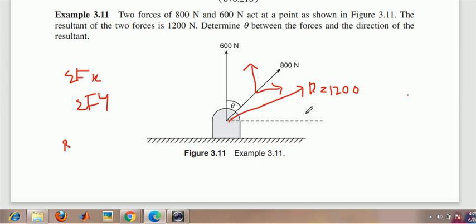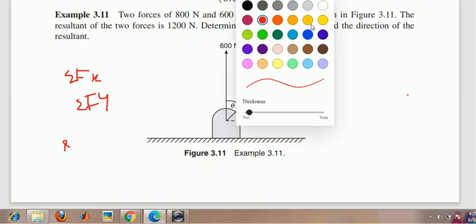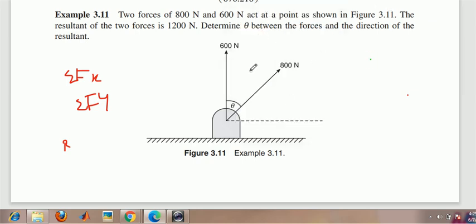The horizontal component of this inclined force is how much? What is the horizontal component of 800 Newton? 800 sin theta is correct. Why?